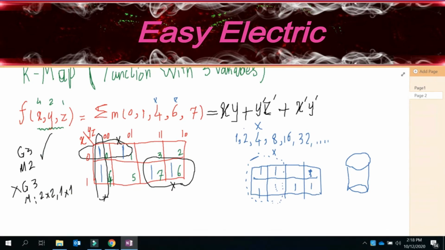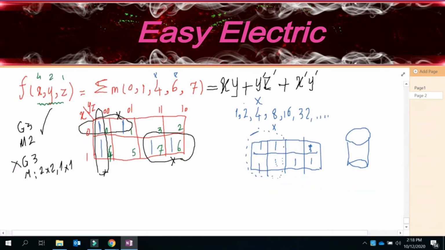So now, if someone did the wrong choice, I just want to show how you end up with an answer that is not wrong, but we could say it's not the simplest form, okay? So suppose you did this. Suppose we have 1 here, 1 here, 1 here, and 1 here, okay?